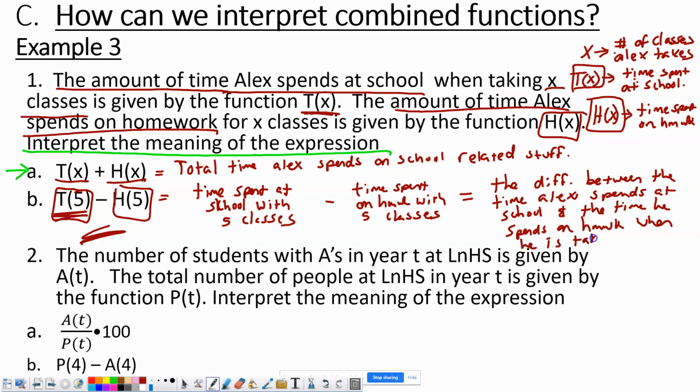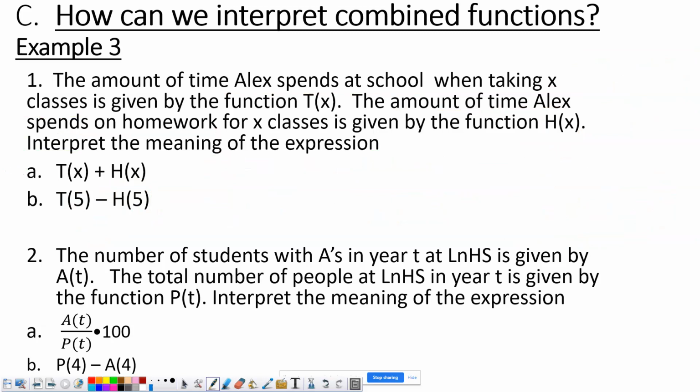You have to include that because they do have that 5 in there. So you need to make sure you interpret the 5 as well. So what this means is this is the difference in the time that Alex spends at school and the amount of time he spends on homework when he's taking 5 classes. Okay?